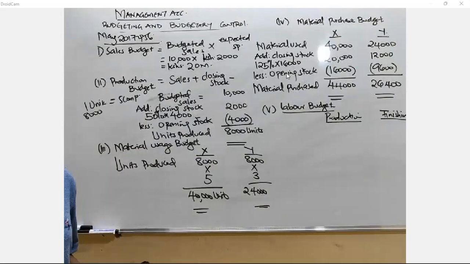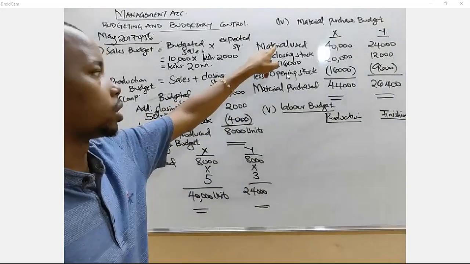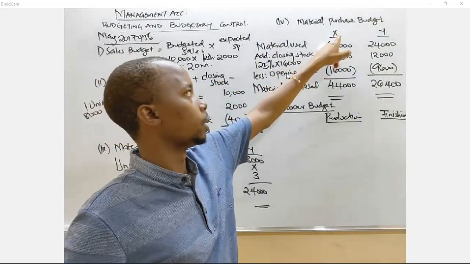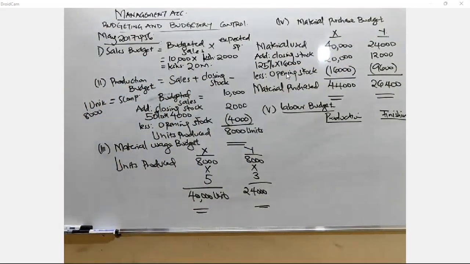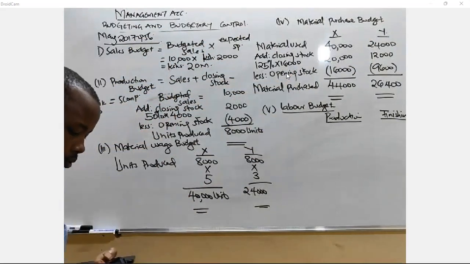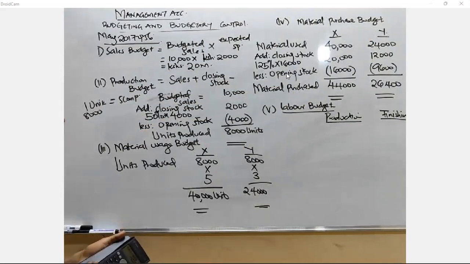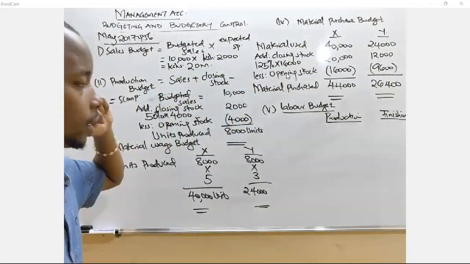For the material purchase, we have to take our material usage, 40,000 and 24,000. So for the material used, you can see we have picked the two components which we are using to make our PQ. The opening stock is already given in the additional information number 2, so you just capture it there for the raw materials. Here we are not dealing with the finished goods, we are dealing with the raw materials.